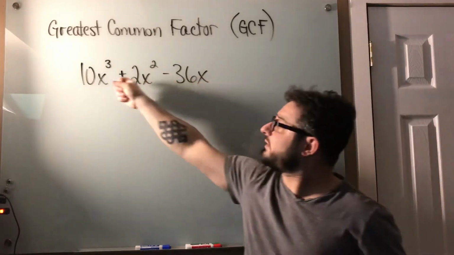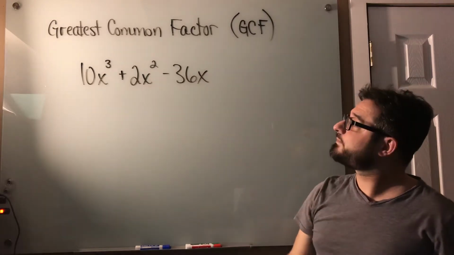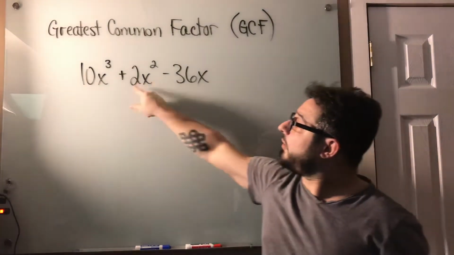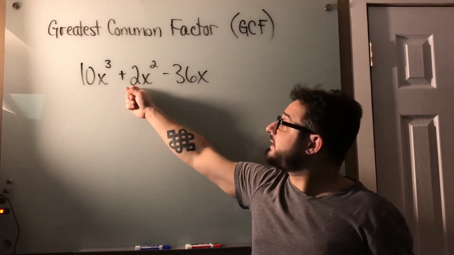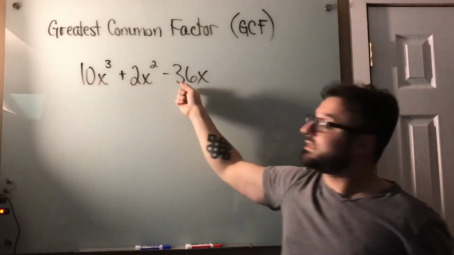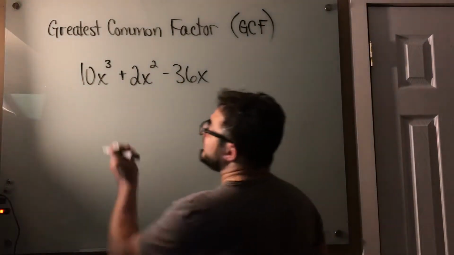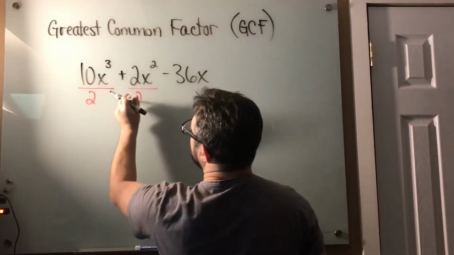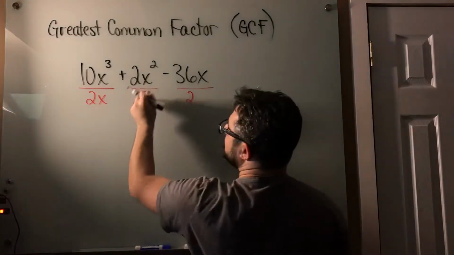Some of them have more than that, but there's at least one factor of x in each term. Likewise, if we look at the coefficients, they're all even numbers. The 2 there, we can divide each of those things by 2. So what we are looking at here is that each term can be divided by 2 and by a factor of x.